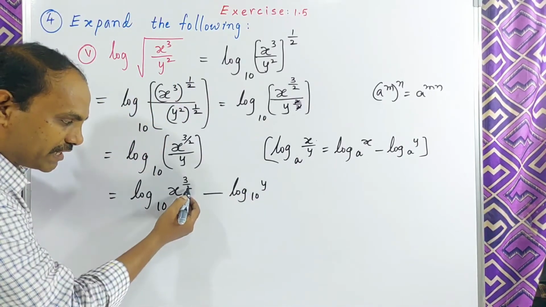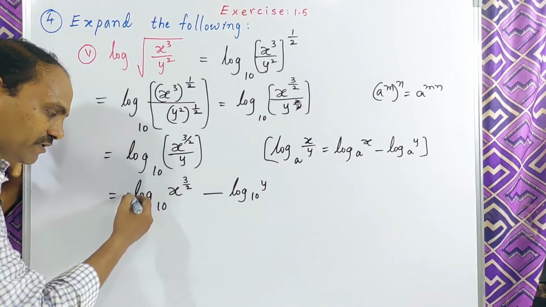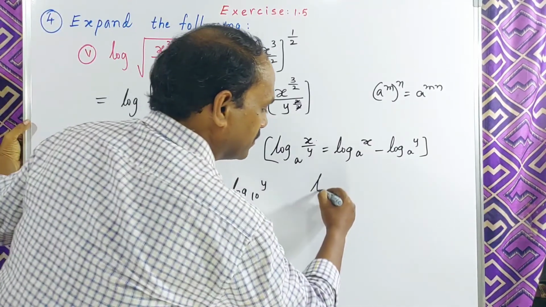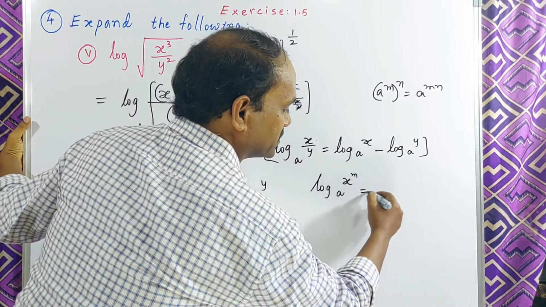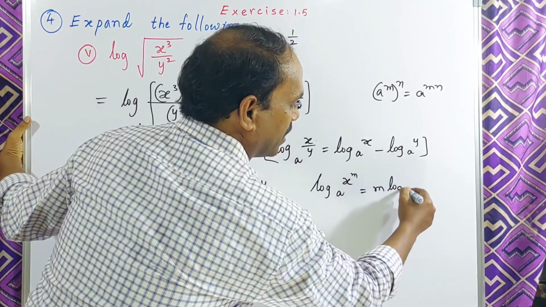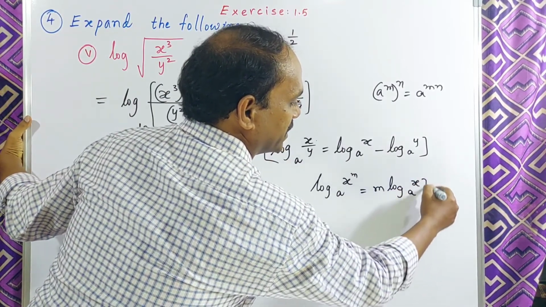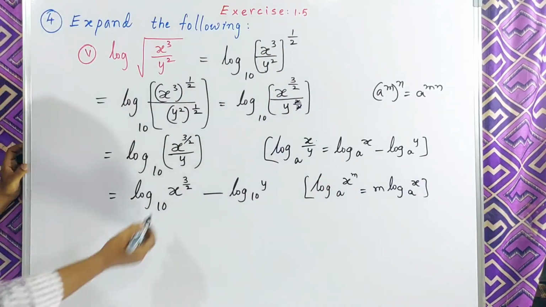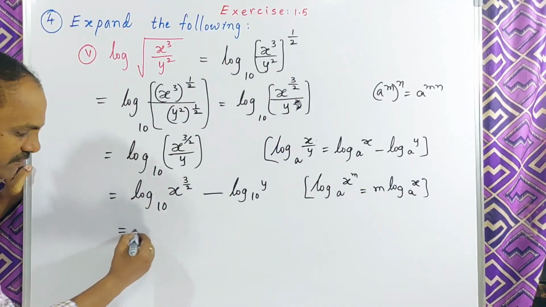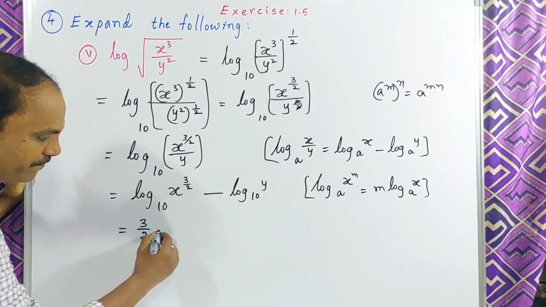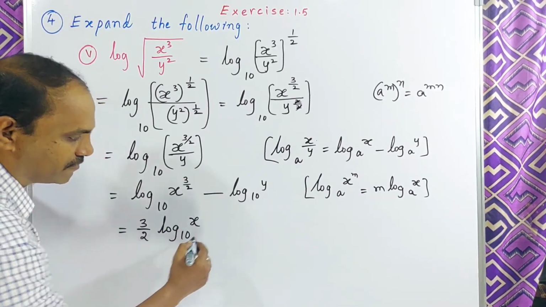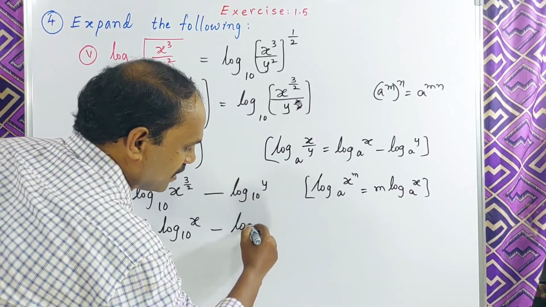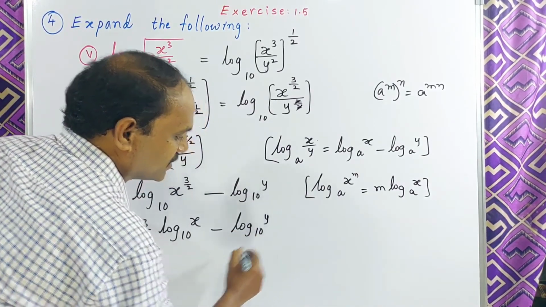Now here again an exponent comes, so you should write the exponent in front by using log x power m to the base a is equal to m log x to the base a. By using this formula you can write this exponent in front. So 3 by 2 log x base 10 minus log y to the base 10.